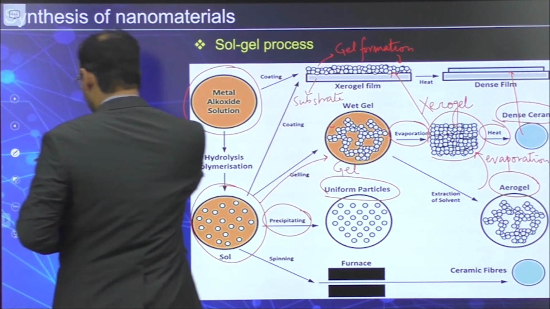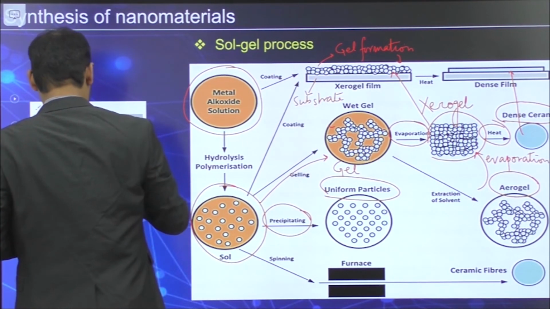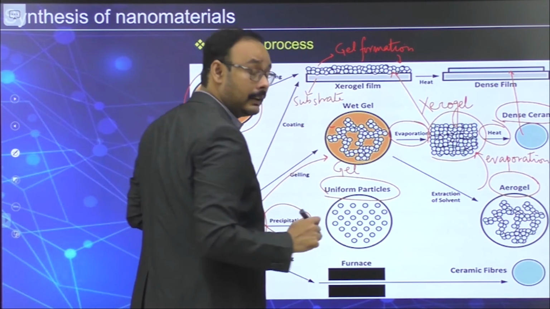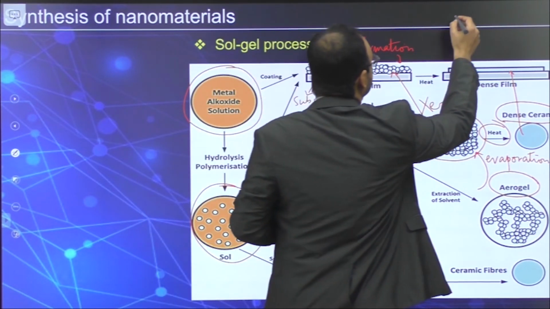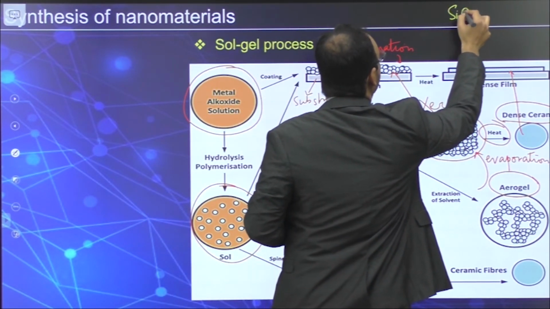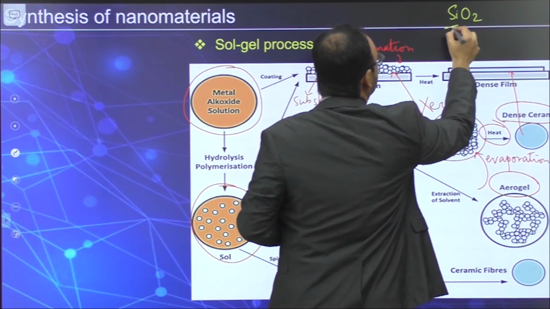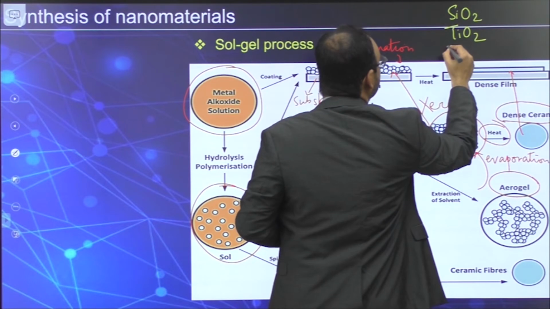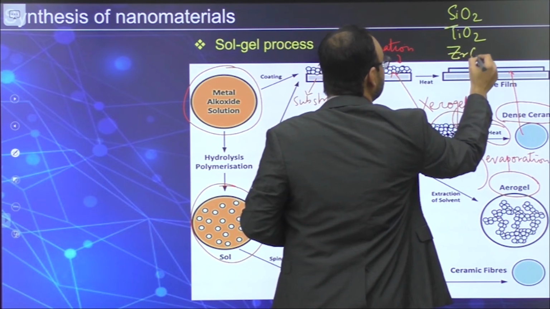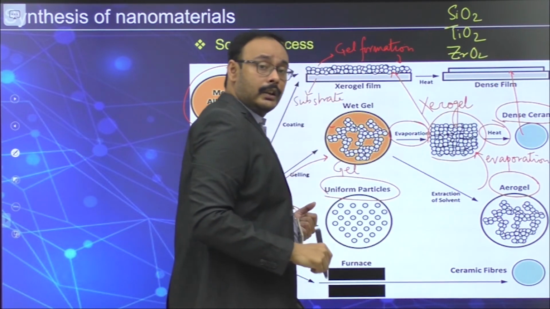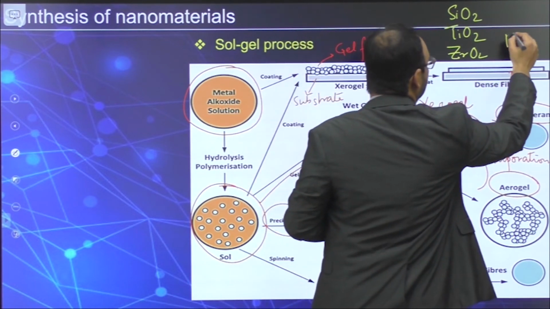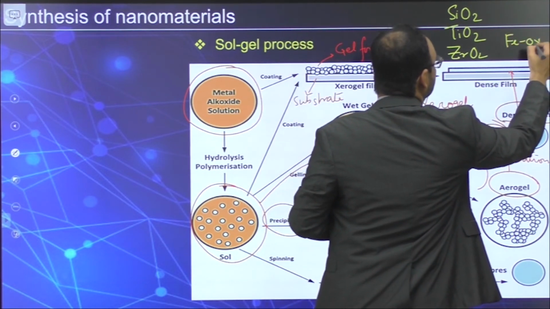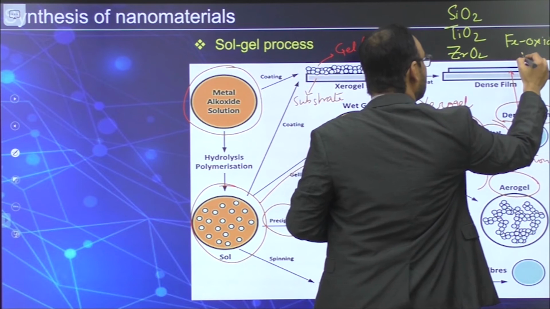So what are the materials that you can make? We can make silica, we can make titania, you can make zirconia. You can also make other metal oxides like iron oxide, and so on and so forth.